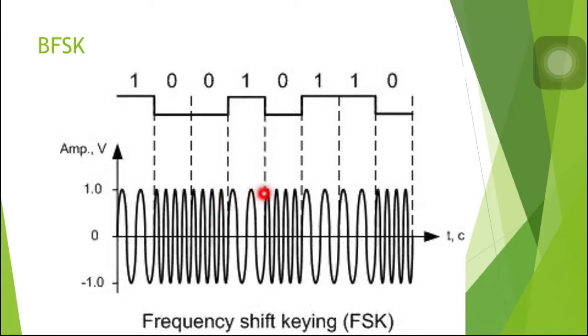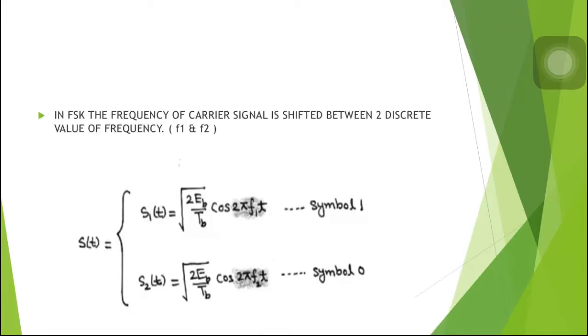It just shows what BFSK actually is. When we give an input, it may be 1 or 0. Look here: when it is 1, it gets a low frequency, but when it is 0, the frequency, that is the number of cycles per second, is increased. That's just for study purposes.